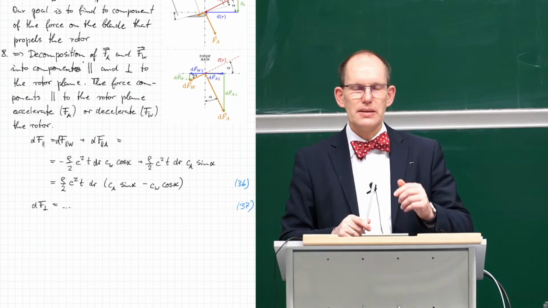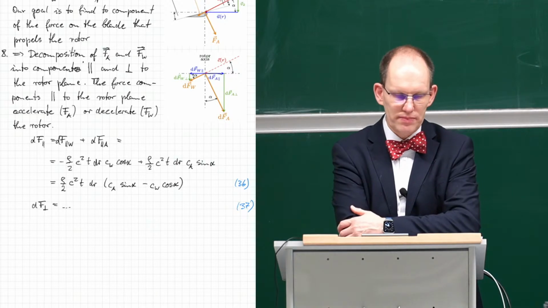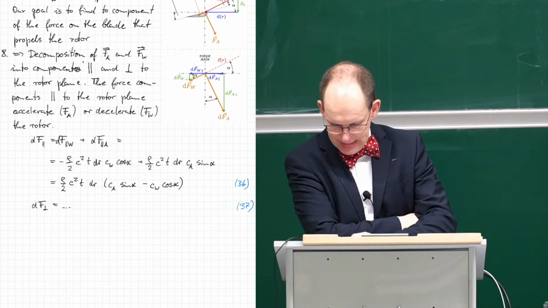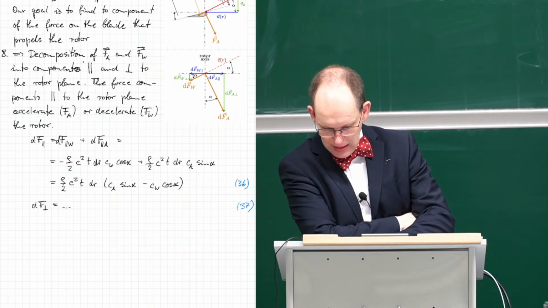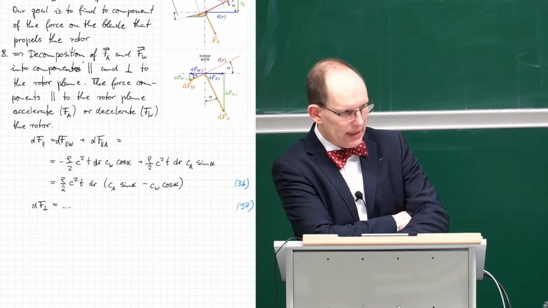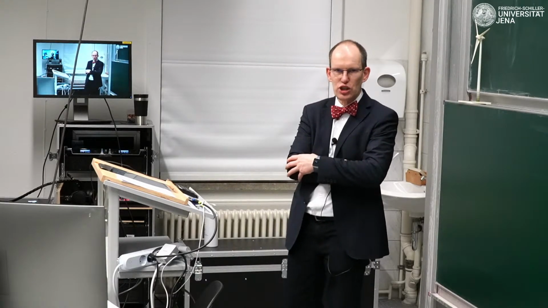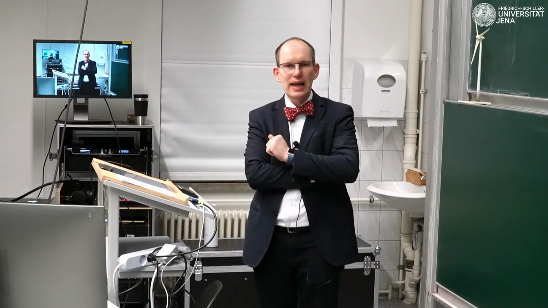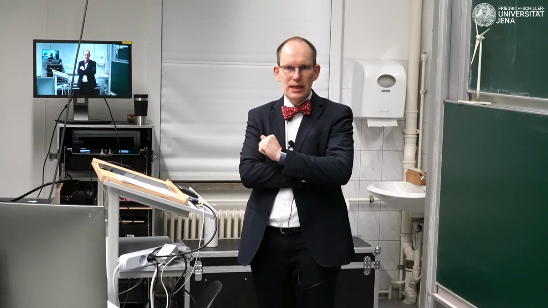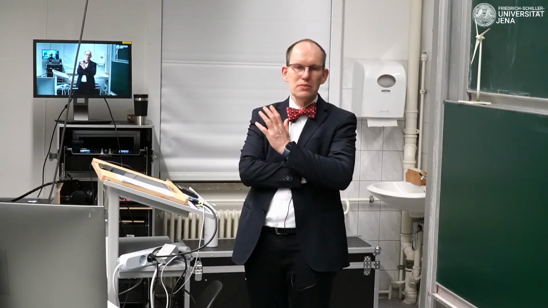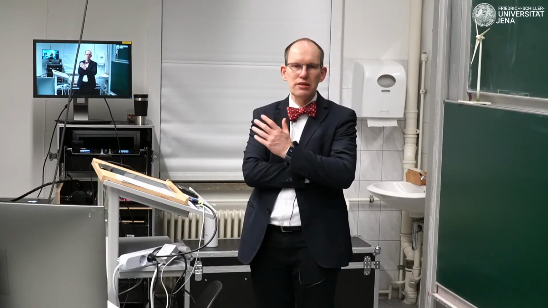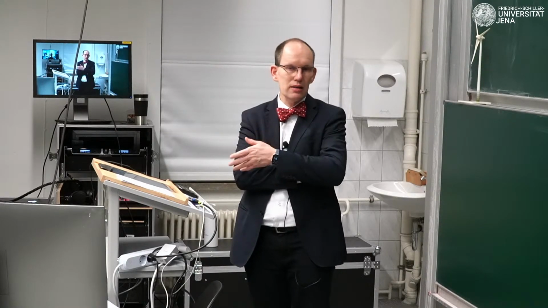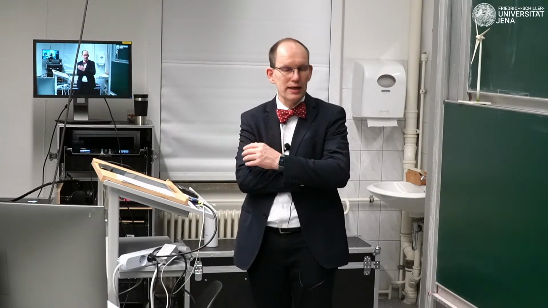Okay, now we make an approximation. We want to simplify things a little bit, and the approximation we make is actually a little bit questionable, as we will see. What we say is that we neglect drag, and we say it is justified because the lift coefficient is very high as compared to the drag coefficient, so the glide number is very high.